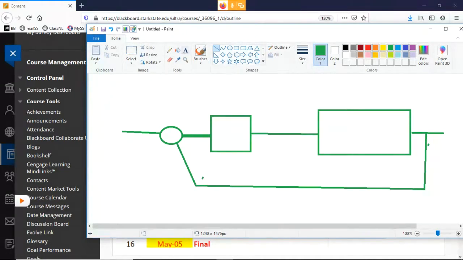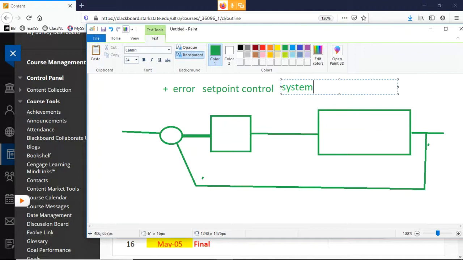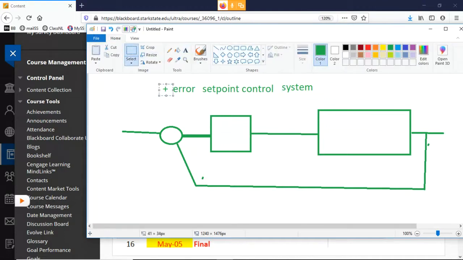All right, so this is our summing junction, but we always use negative feedback. So it's always negative feedback there, and that generates the error.